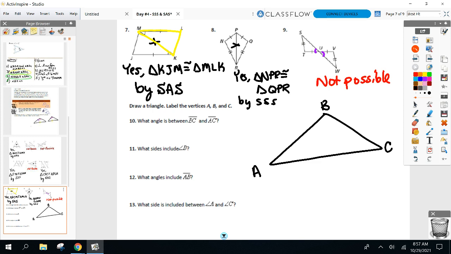Symbols. Nope, I just want you to go through 10 through 13. We'll do the proof together.